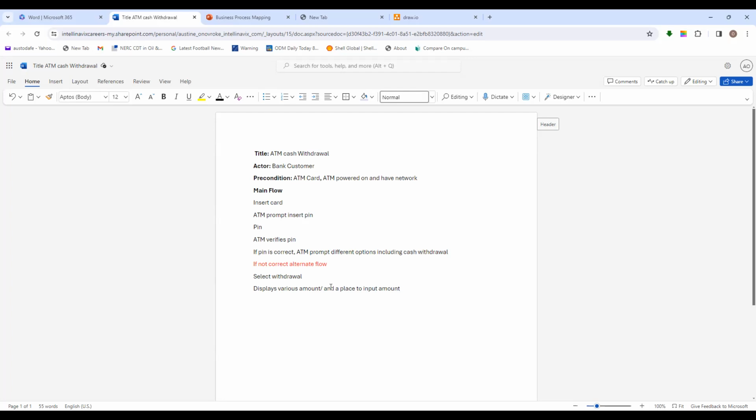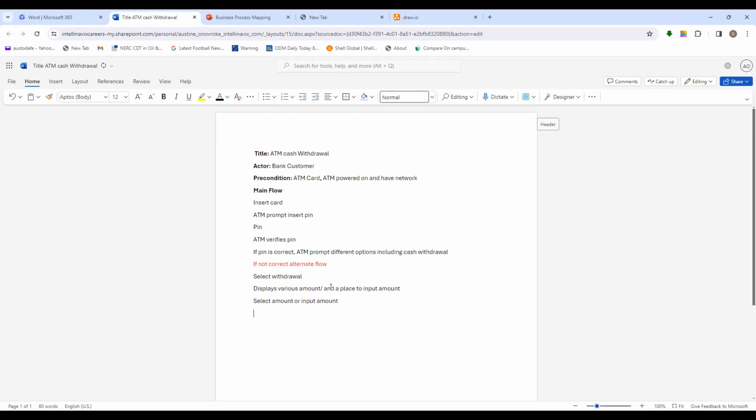Now, after this stage, what's the next stage? Choose amount. Correct. Either you select amount or input amount.